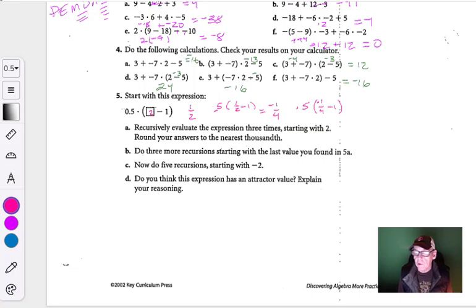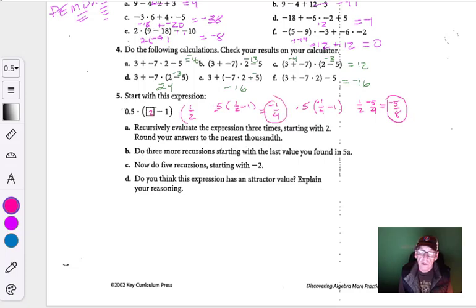Now negative 1/4 minus 1 is a negative 1 minus 4/4, which is negative 5/4. And half of negative 5/4, we can multiply, we get negative 5/8. So that's our third.